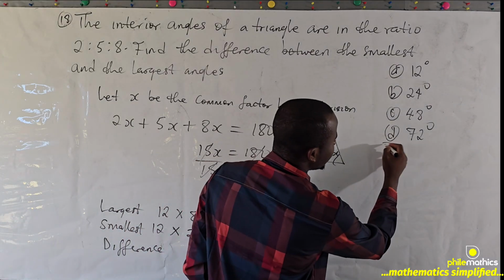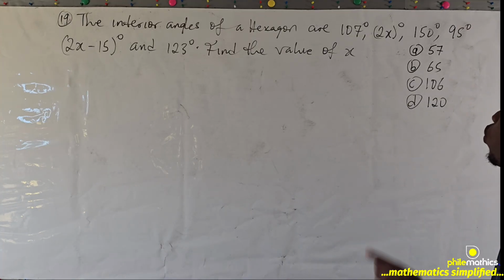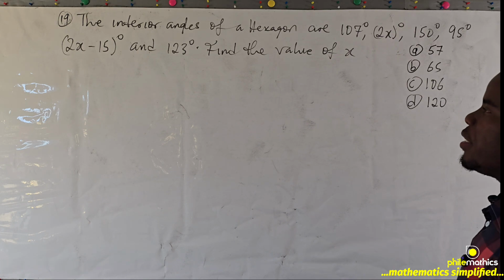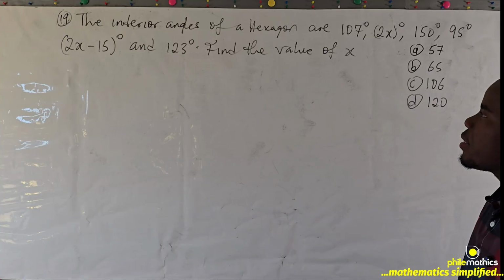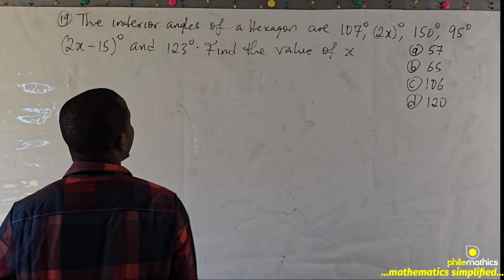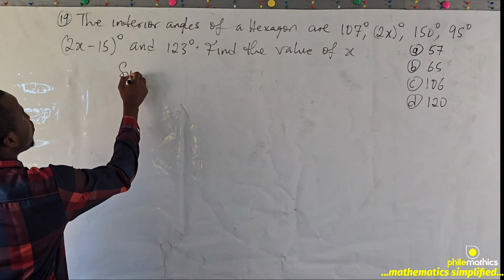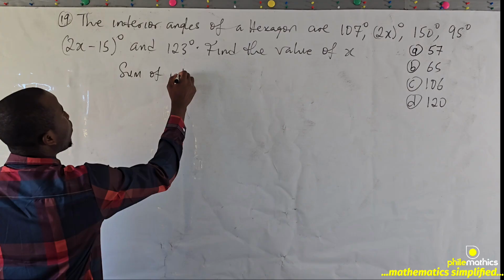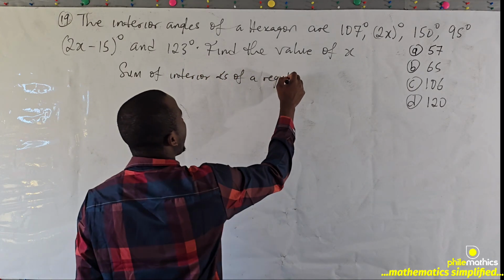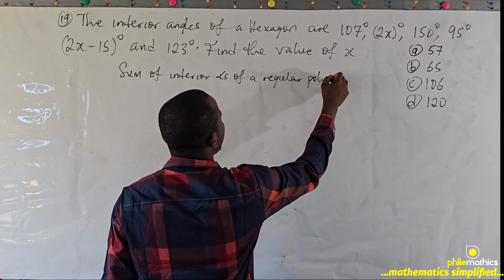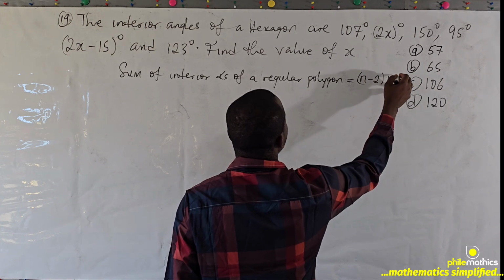The interior angles of a hexagon are 107 degrees, 2x degrees, 150 degrees, 95 degrees, 2x minus 15 degrees, and 123 degrees. Find the value of x. Now, we know that the sum of interior angles of a polygon is n minus 2 times 180 degrees.